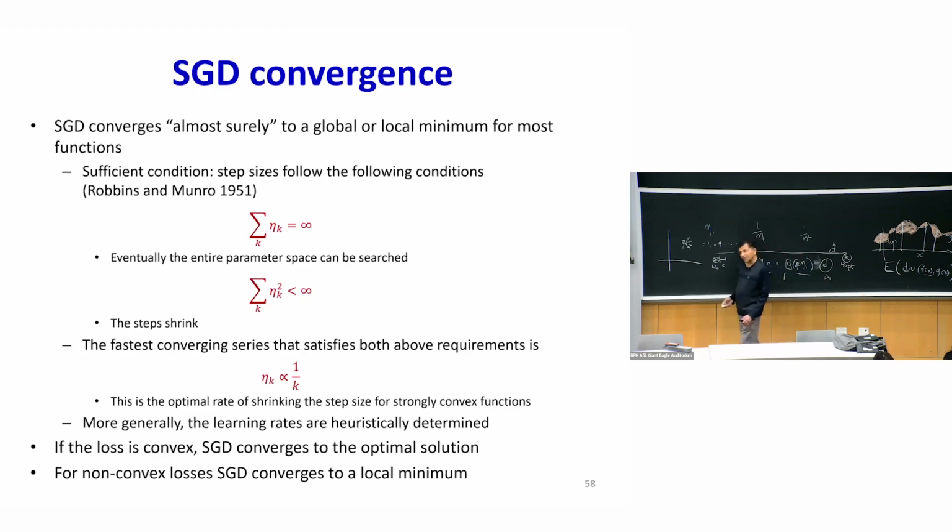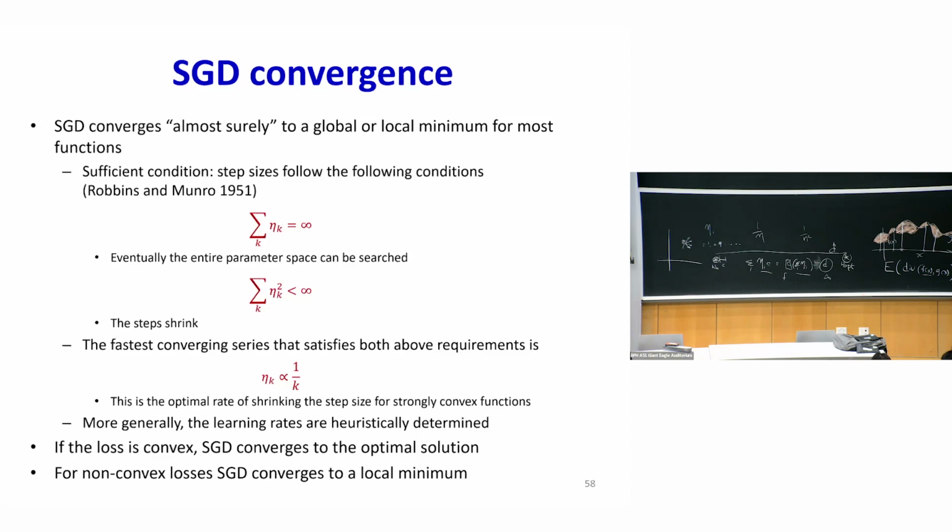So this, it turns out, is actually at the very border. 1 over n raised to any alpha greater than 1 is going to be a convergent series. But 1 over n raised to any alpha less than or equal to 1 is going to be divergent. But in terms of square summation, it's not going to be converging fast enough. And so 1 over n is kind of the optimal sequence of step sizes, which ensures that over an infinite series, it still sums to infinity, but it's square summable.